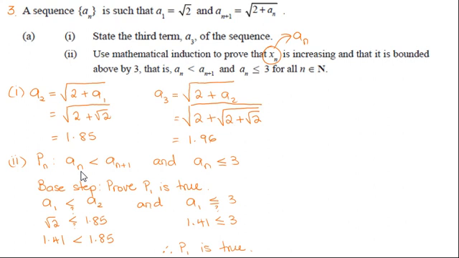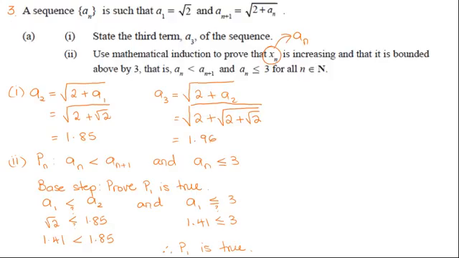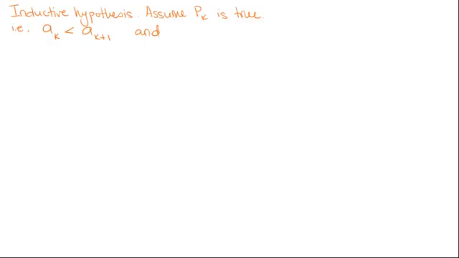So we're assuming that a_k is less than a_(k+1), and we're assuming that a_k is less than or equal to 3. Good. So that is our assumption.